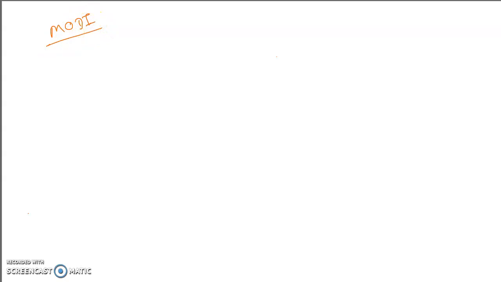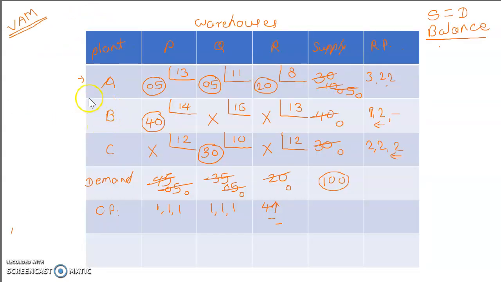But before proceeding to the MODI method, first of all, check the non-degeneracy of this solution. For that purpose, count the number of stone cells. Allotted cells are called stone cells and empty cells are called water cells. So right now, stone cells are 1, 2, 3, 4 and 5.